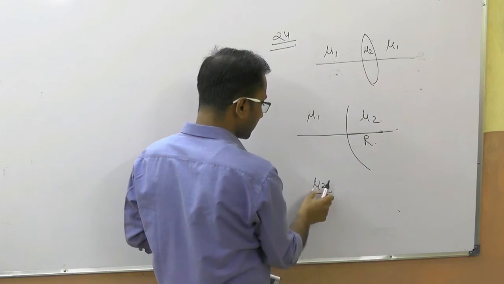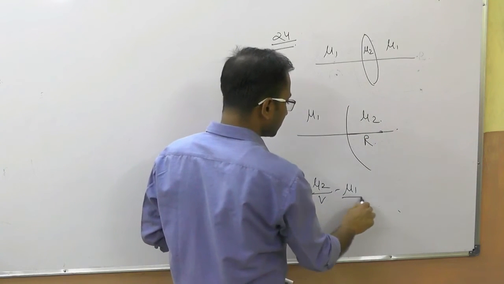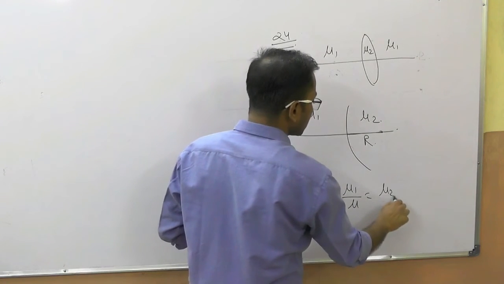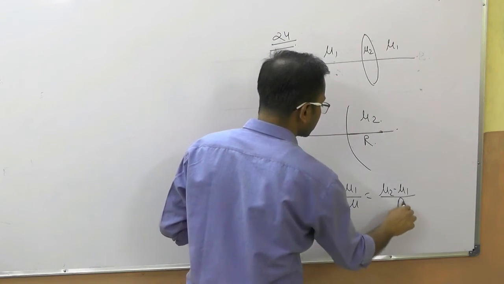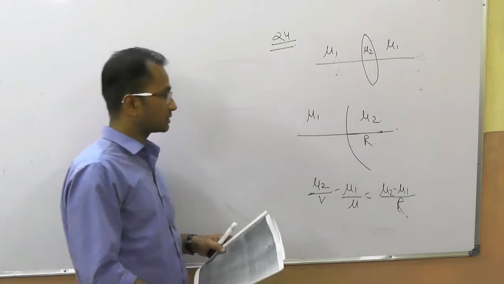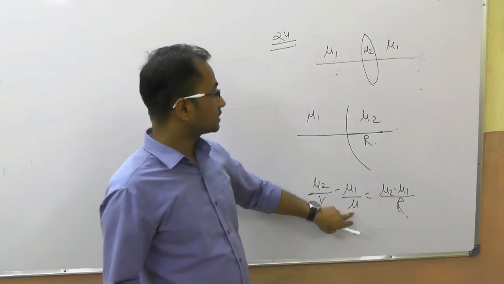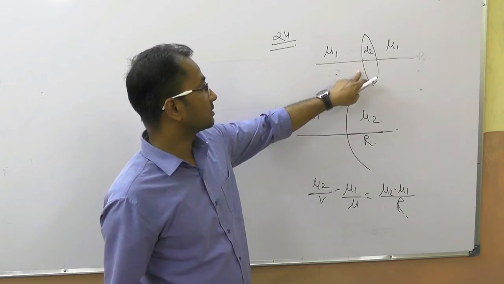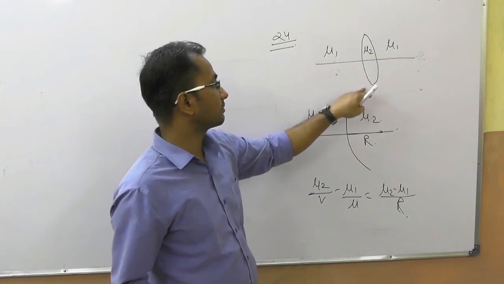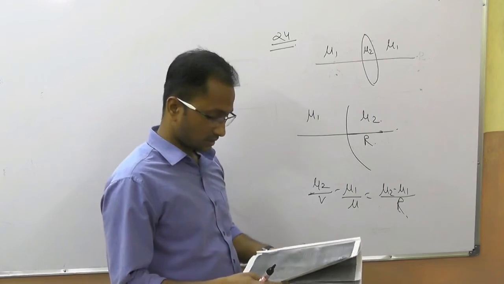So mu2 by v minus mu1 by u equals (mu2 minus mu1) by R. R is the radius of curvature of this curved surface. We use this formula twice for this lens, once for each curved surface.